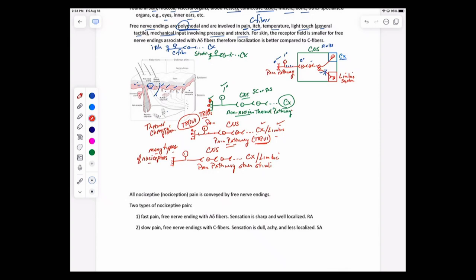You may have a small component that's a thermal type of pain, but the fact that you're damaging the tissue is going to be the major driver of your pain experience. So that type of pain response has little to do with the TRPV1 and has everything to do with all of these other nociceptors that are sensitive to injury to tissue itself.